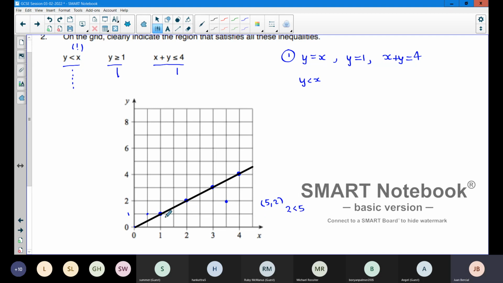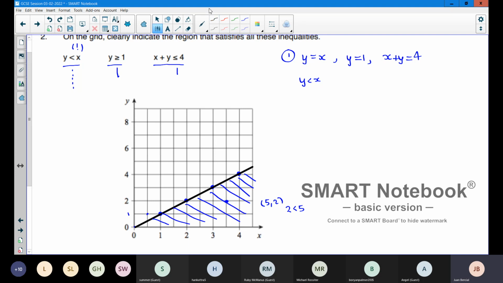So that means that the region is down here. It's always good to check where one point is. With 5 you can see that the x is greater than the y.